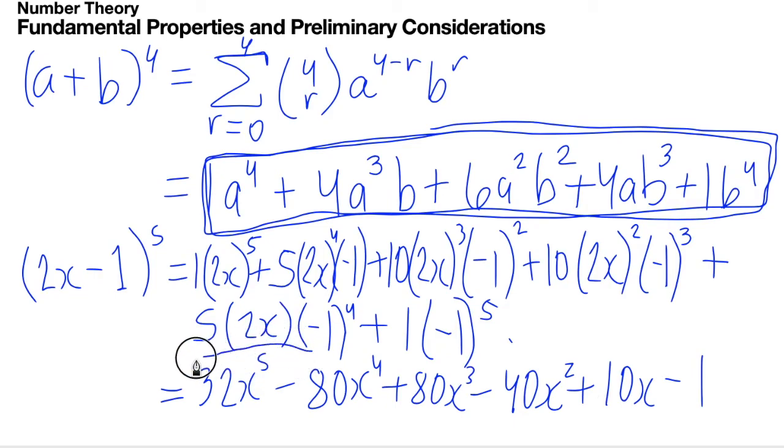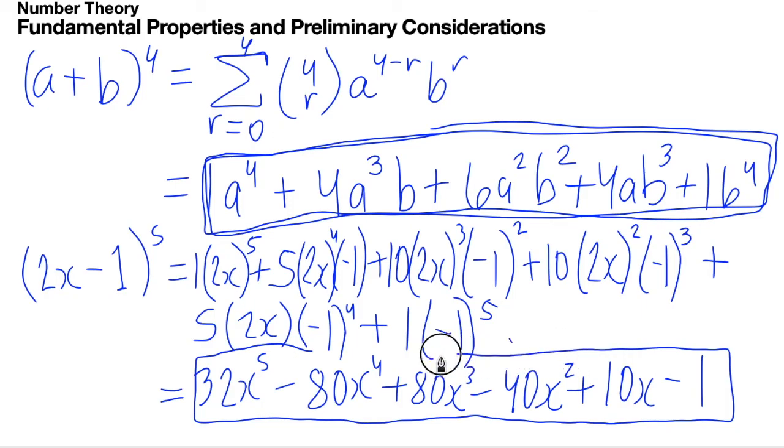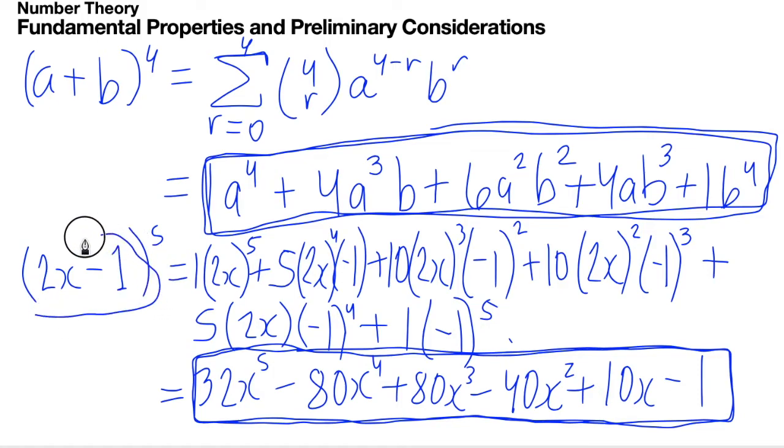If you have noticed, what we have done is actually making it very simple instead of writing it one by one: 2x minus 1 quantity times 2x minus 1 times 2x minus 1 times 2x minus 1. So that's tedious to do, writing it 5 times.